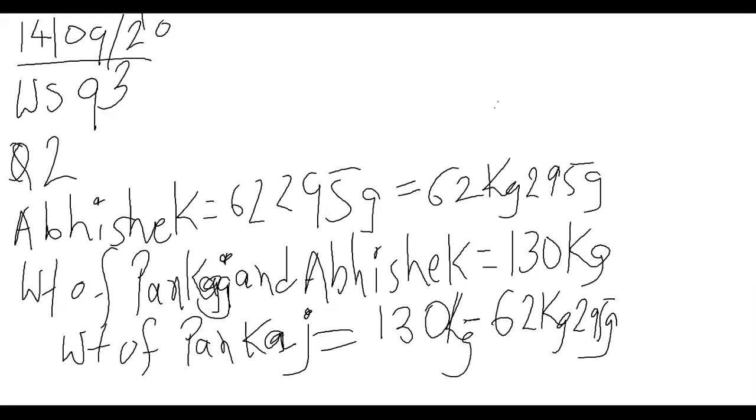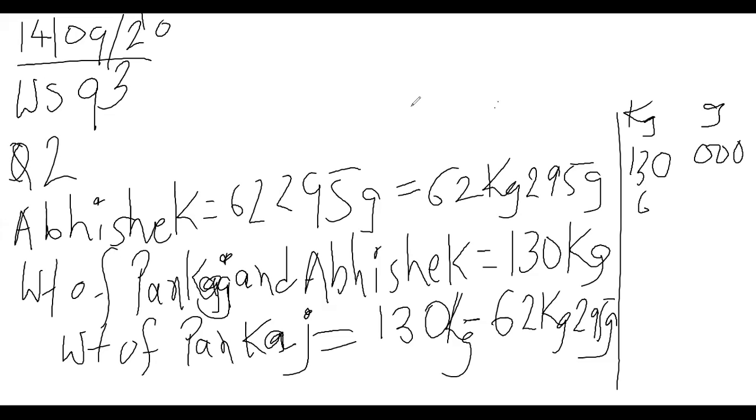Worksheet number 93, Aditya, it is written on top. So kg into gram, 130 kg is 130,000 gram. This is 62,295. Find the difference. Come on, do it fast and send the answer in the chat box.